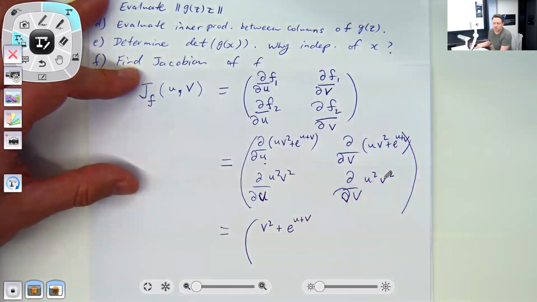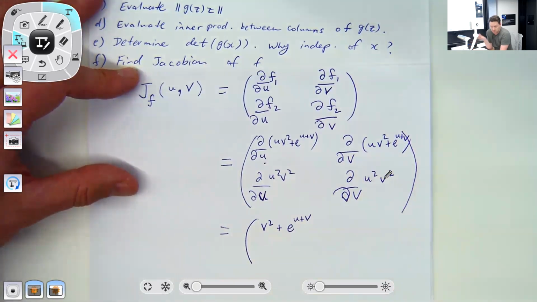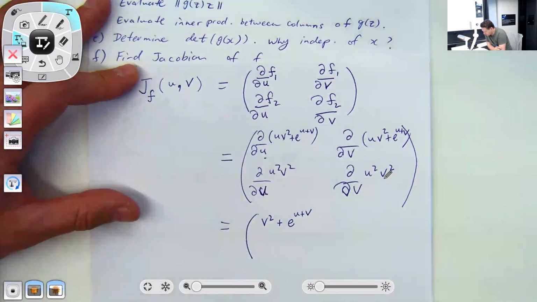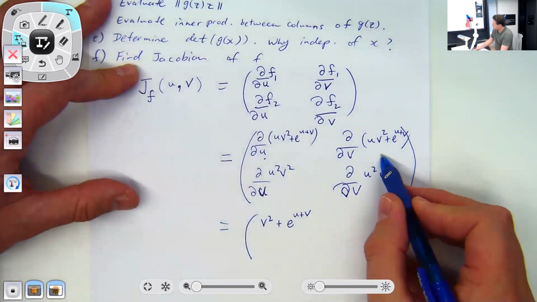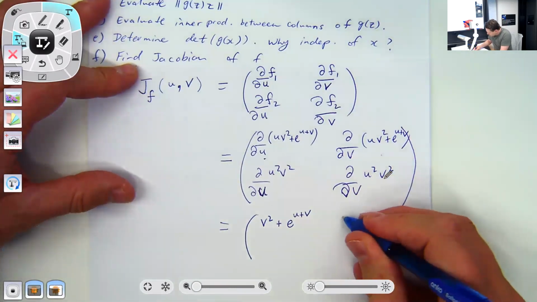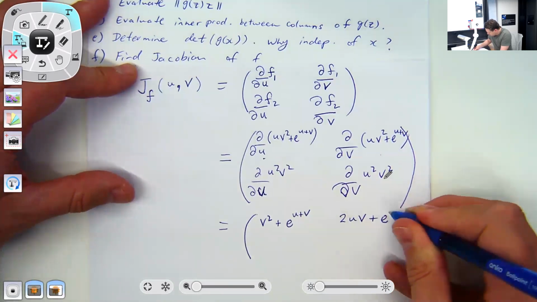There's a chain rule to apply, but the derivative of the exponent is just 1, so it comes out just like that. Now we're differentiating the first function with respect to v partially, and so here we write 2uv, and then we again have e to the u plus v.